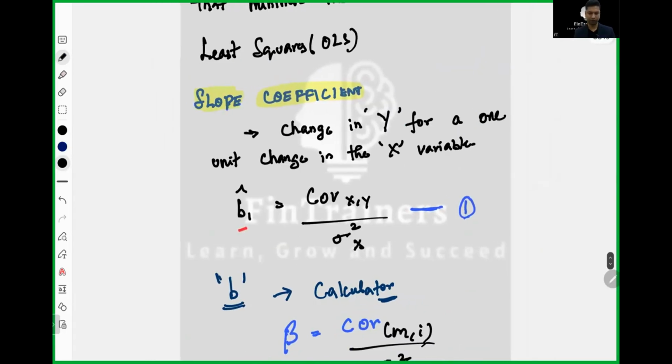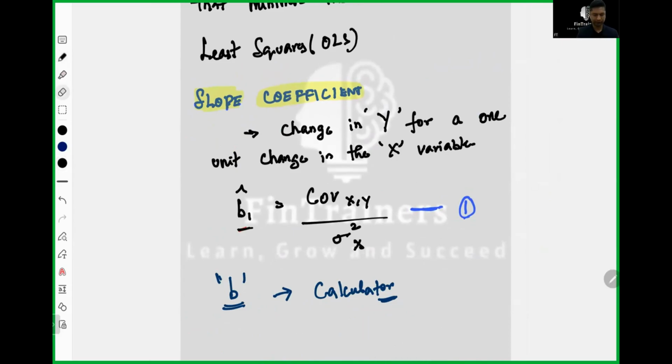Now, the slope coefficient, if you have not been given the actual observations, but they are given the variance and the covariance matrix, the formula to calculate the slope is covariance of the two variables divided by the variance of the independent variable. Covariance of x comma y divided by sigma squared x. This is your B in the calculator.